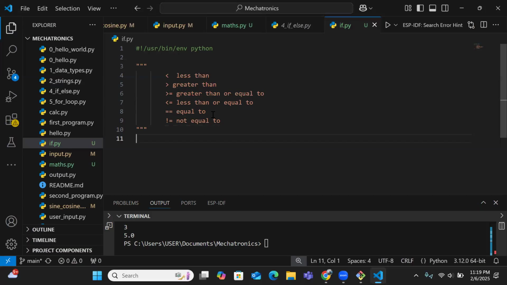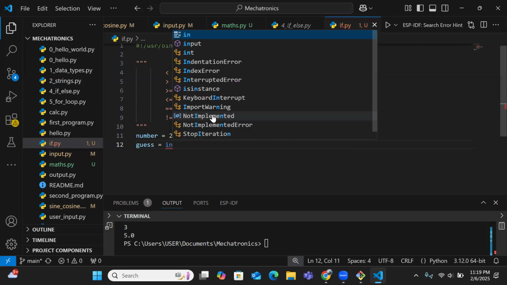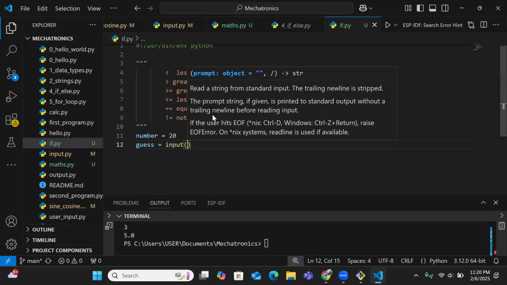Okay, let's do it in practical. I want you to enter, you say number. You say number is equal to 20. Okay? And then we want to guess a number. Guess is equal to input. Do you remember how to get an input?